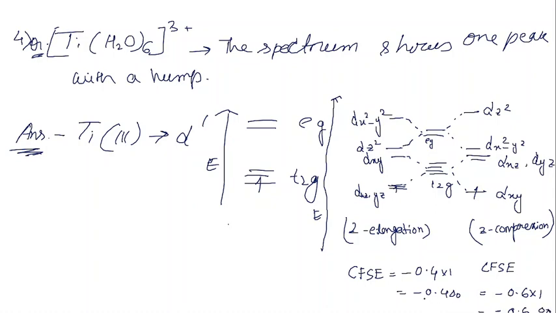The more negative the value, the lower the energy. So it will show the z elongation. If it performs the z elongation, then the system will be stabilized. And now I am drawing the final thing.